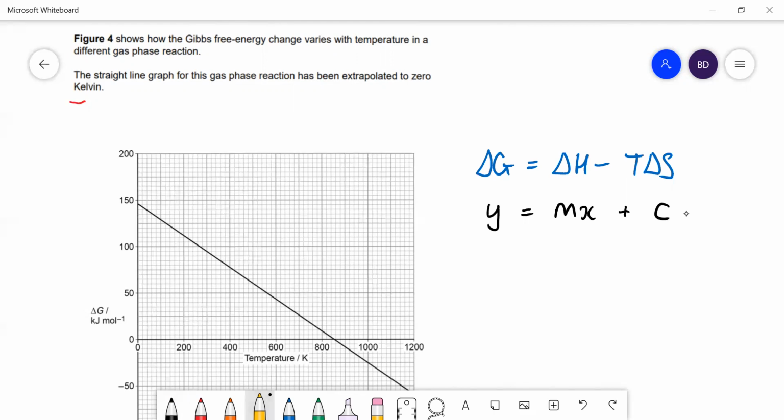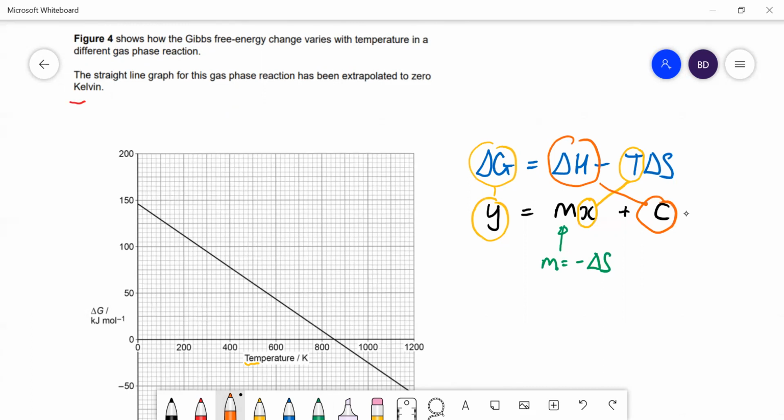So you're plotting delta G on the y-axis, and on the x-axis we're plotting temperature. So x is temperature. That tells us the gradient of this graph is going to be minus delta S, and the intercept, c, is delta H. Now it asks us to work out delta H and delta S for this reaction.